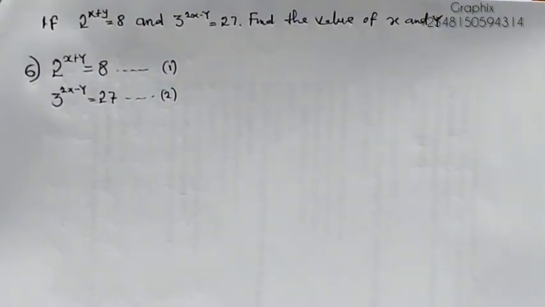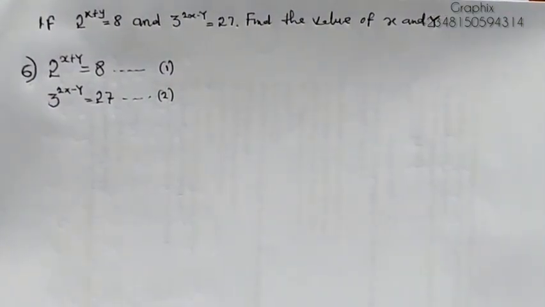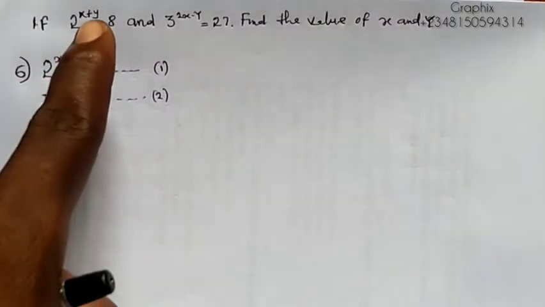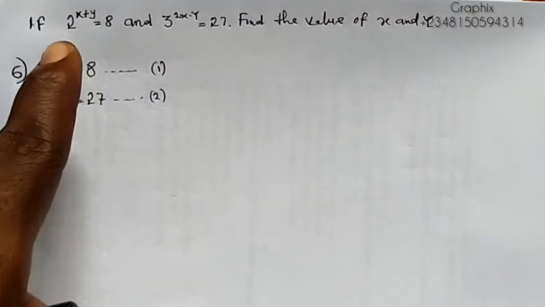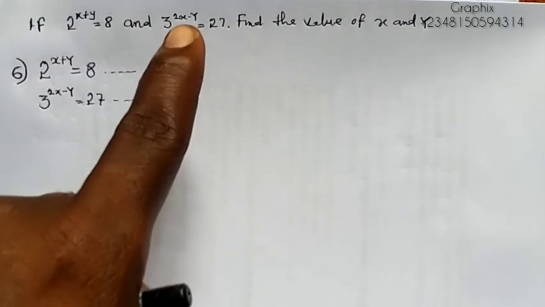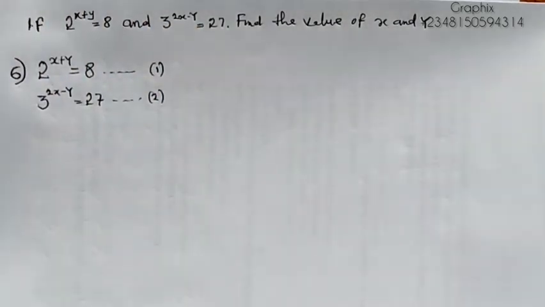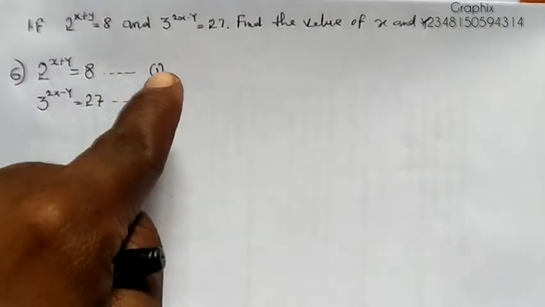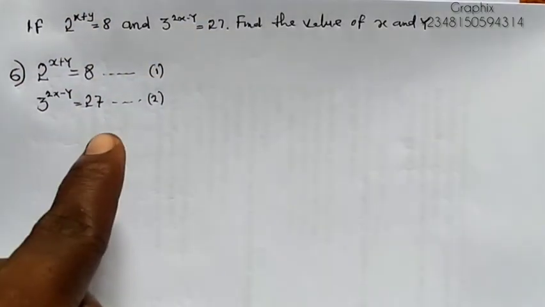Now, let's look at this other example. It says if 2 to the power of x plus y is equal to 8 and 3 to the power of 2x minus y is equal to 27, find the value of x and y. Now you take the first one to be equation 1 and the second one to be equation 2.